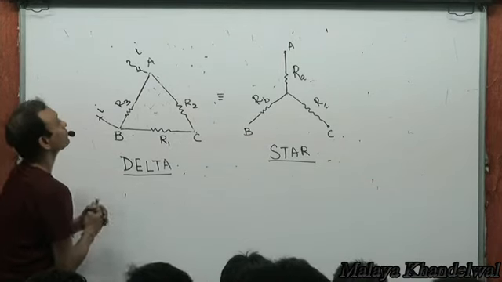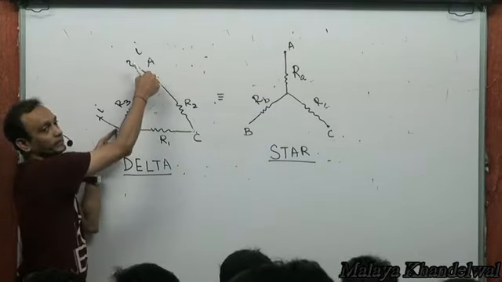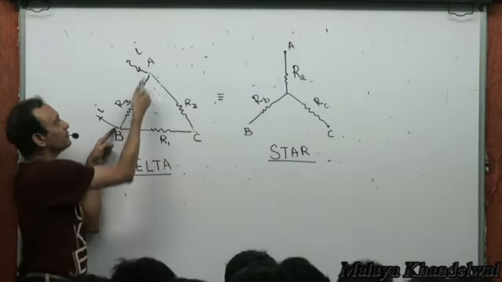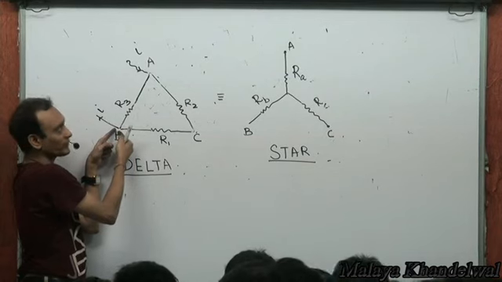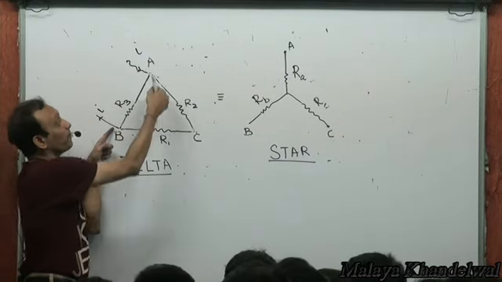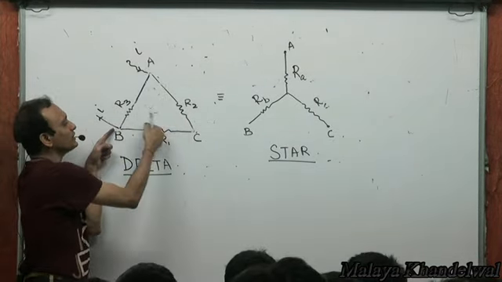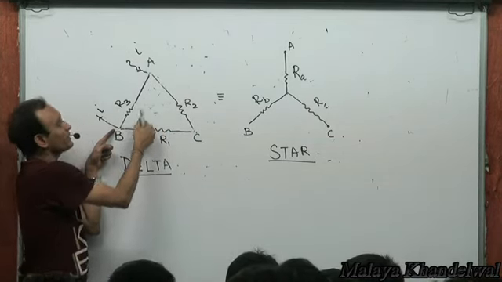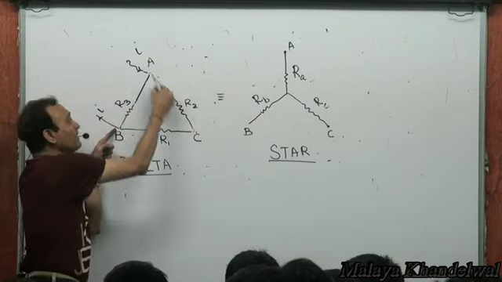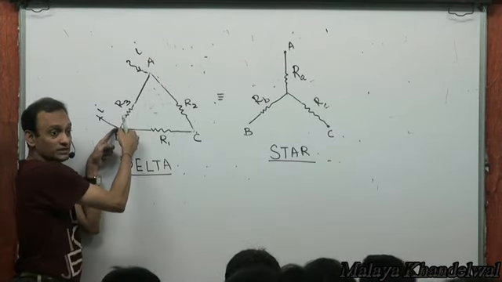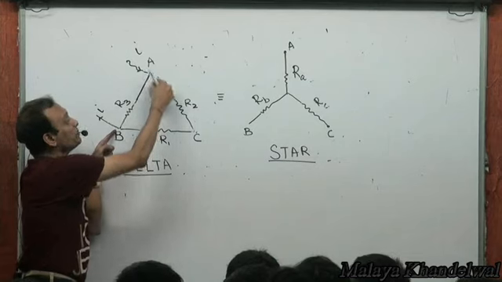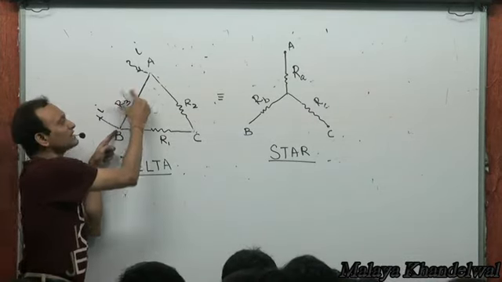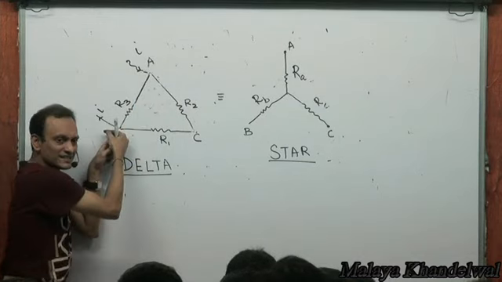Now, when current enters A, part of the current goes through R2 and R1, part of it goes through R3 when it leaves, which means R2 plus R1 will have the same current flowing through them. So they would be in series and R3 would be in parallel across this series combination. So it's like R3 in parallel with R2 plus R1.